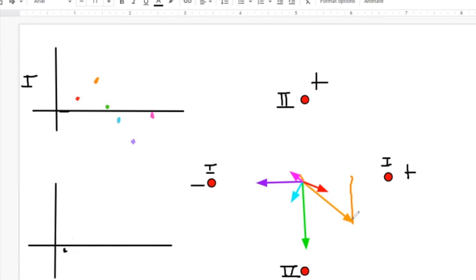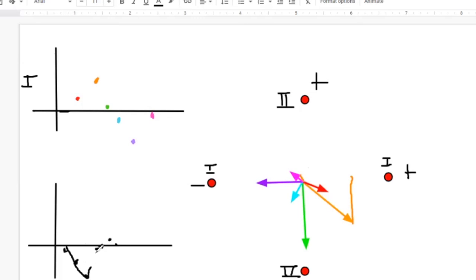Orange vector? Bigger negative. Green vector, biggest negative. Cyan vector, smallest negative, let's say. Purple, practically 0. Pink, slight positive, and then we assume it goes back down to 0.